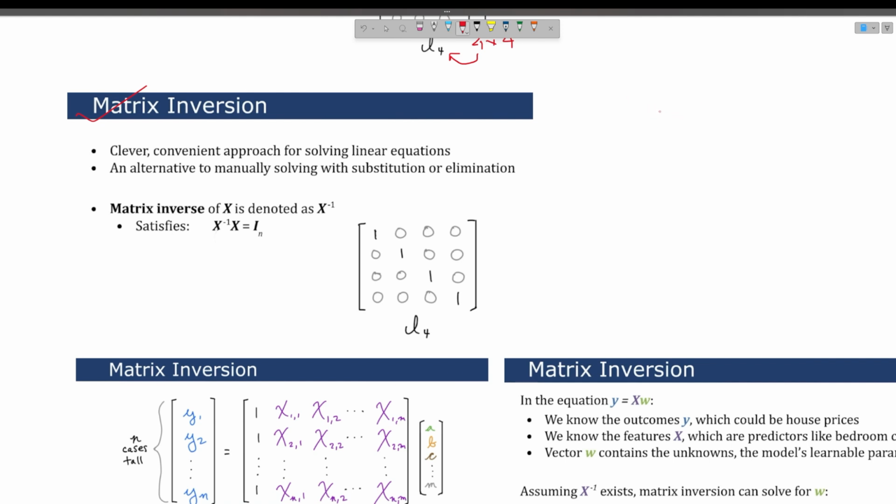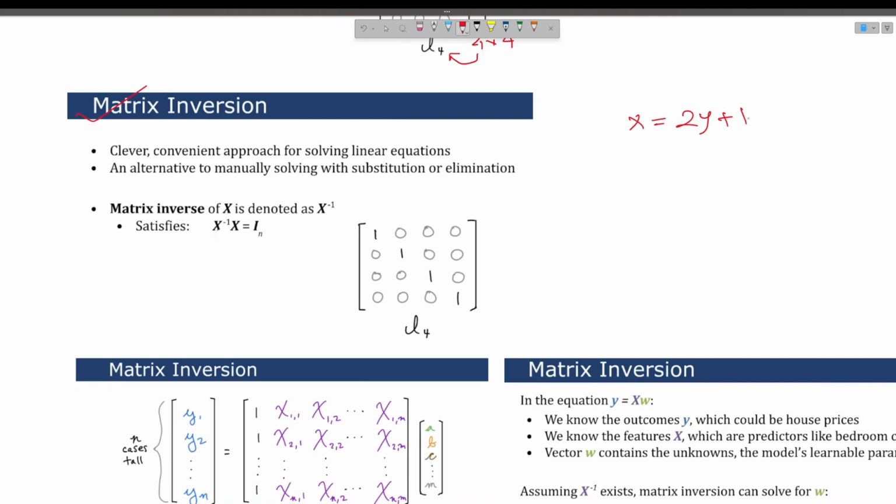For example, when we were doing some division, say x equals 2y plus 1, and we just subtract 1 from both sides, we get x minus 1.